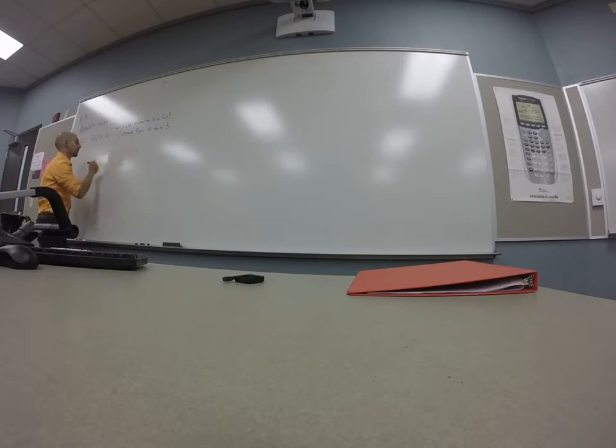So if I go like this, here's 0. Here's a value, say 3. This distance, right, is what we mean by the absolute value of 3. What's the absolute value of 3? 3. Right?